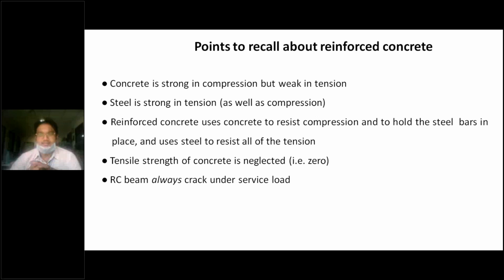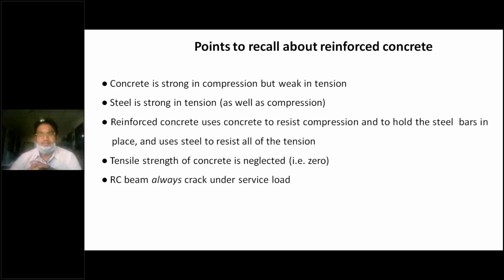So reinforced concrete uses concrete to resist the compression, and it holds the steel bars in place. That is the reason why we use reinforced concrete, to resist all of the tensile forces in the element. And the tensile strength of concrete is neglected. Why? Because it doesn't have that carrying capacity, so we can consider it as zero.